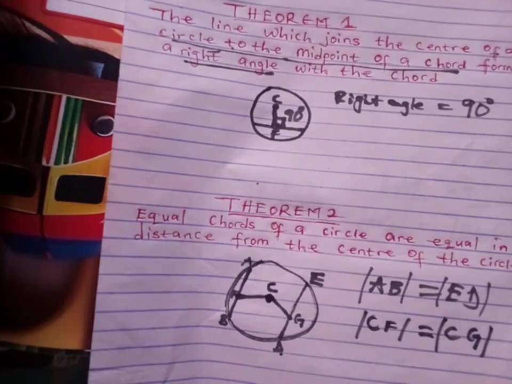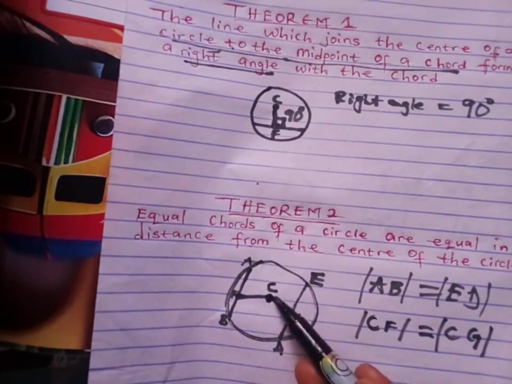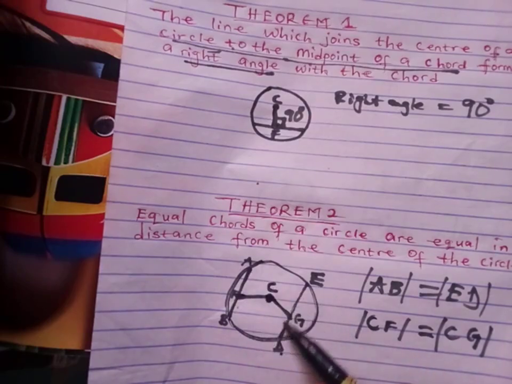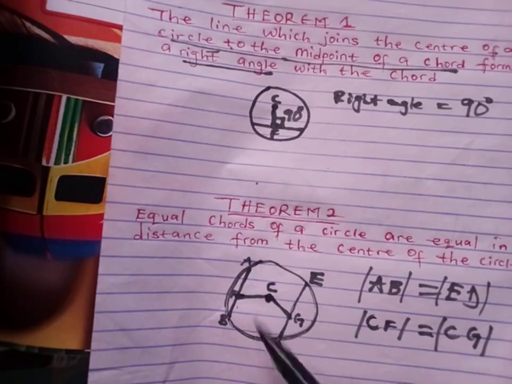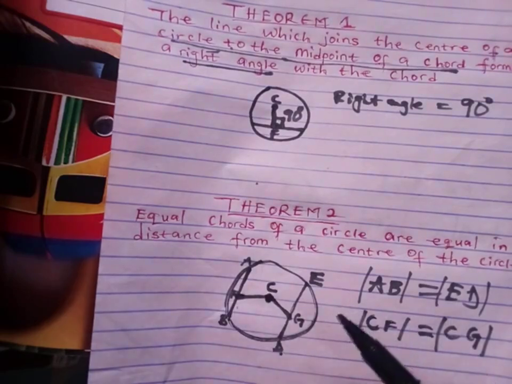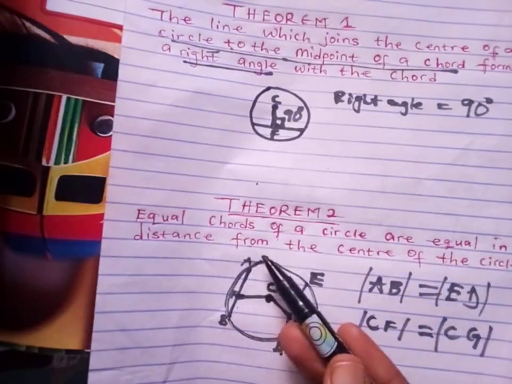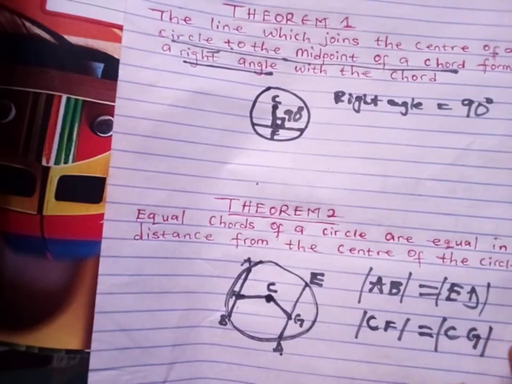Now, we can also put this law the other way: when you have chords which are equal in distance from the center of the circle, then those two chords will be equal to each other. I repeat again, equal chords of a circle are equal in distance from the center of the circle.